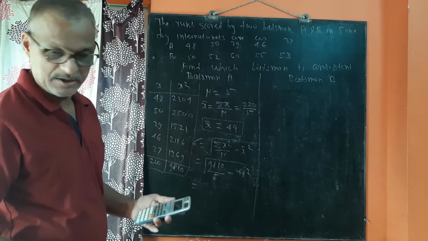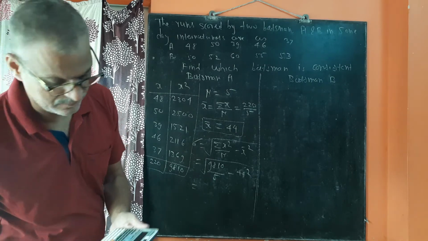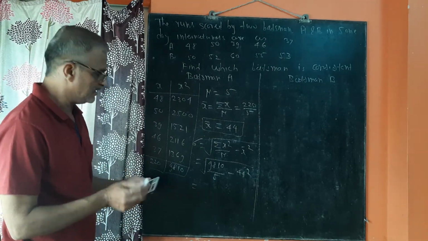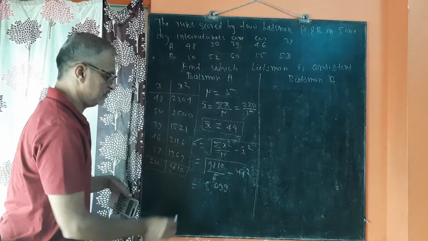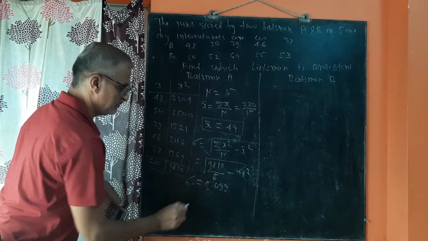So it is 5.099. This is the value of sigma.